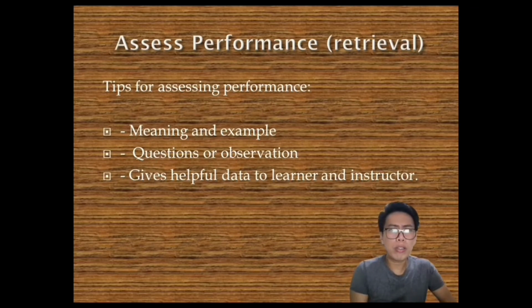But you can also do this with observation for things that are a bit more visual, when you can see someone performing it correctly, and we can go much deeper into this. But what's the main idea here when you're assessing that performance and seeing if someone actually did learn? So next we have gives helpful data to learner and instructor.